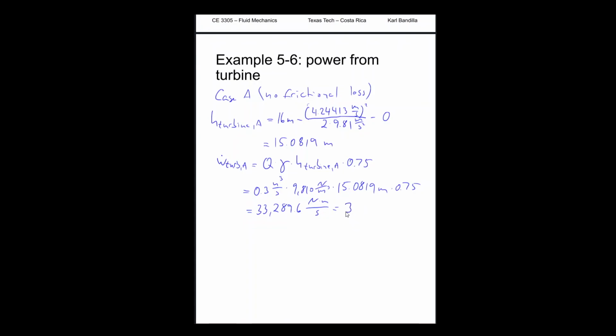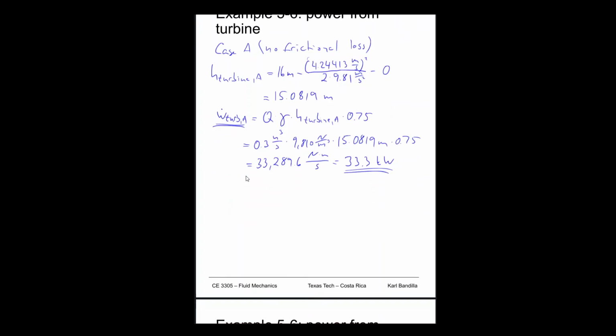So we get 33.3 kilowatts. Right, so that will be the power that we get out of our turbine if there's no head losses. Now, case B will be with head losses.